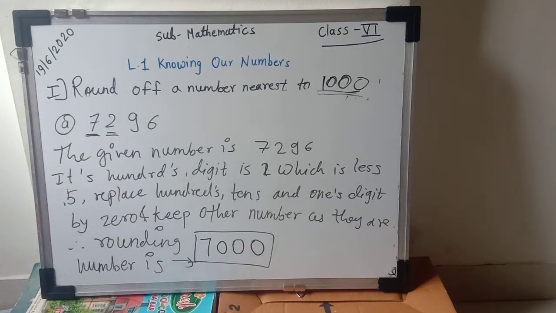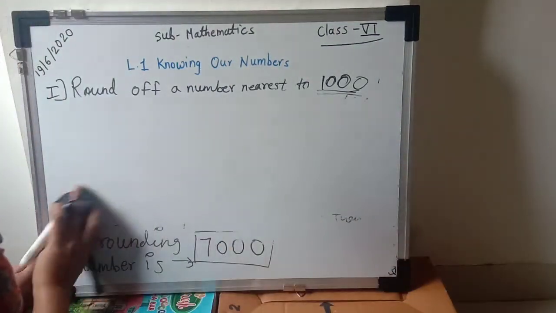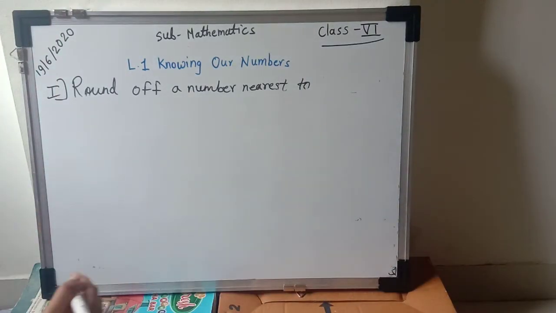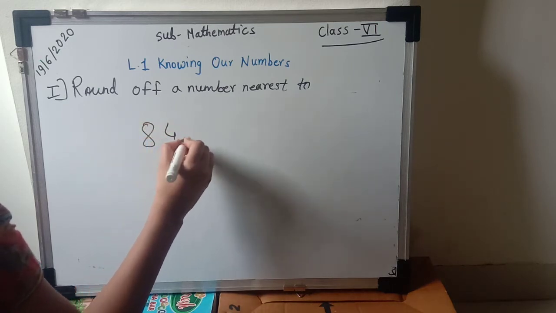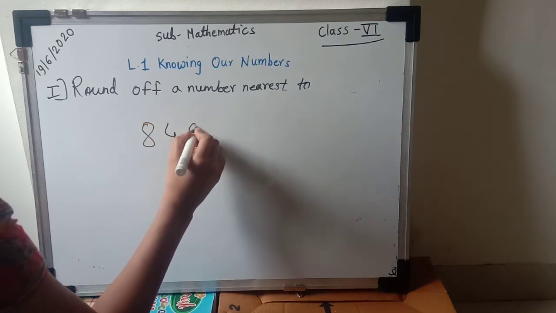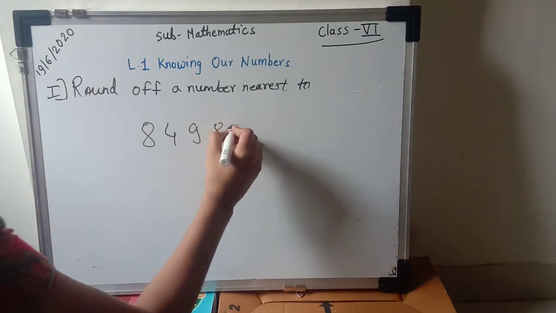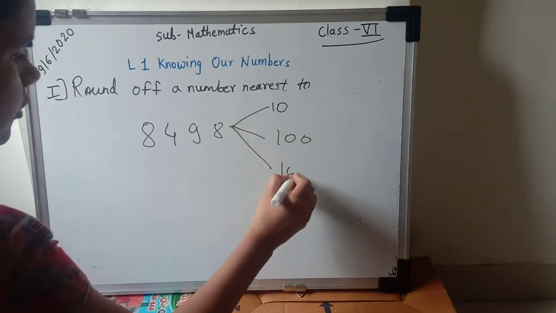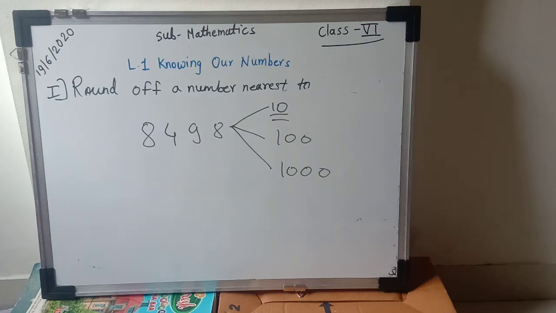Now let's see one more example to understand rounding nearest to tens, 100 and 1000. Here I'll take a common number, 8498. This same number will be rounded nearest to 10, 100 and 1000. First, when rounding to the nearest 10, which place do we see?